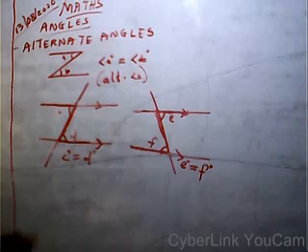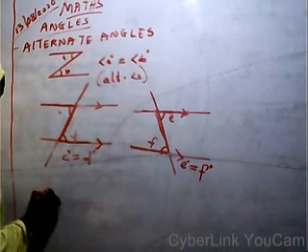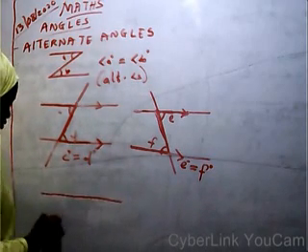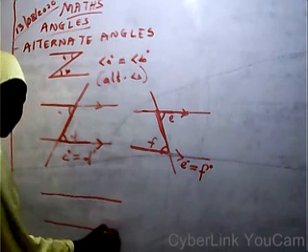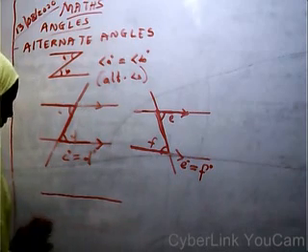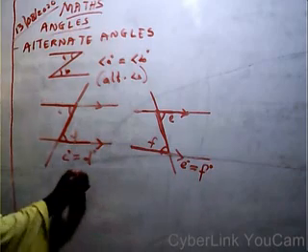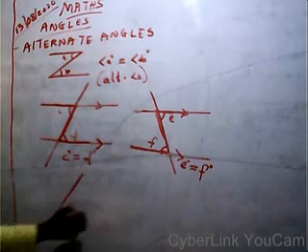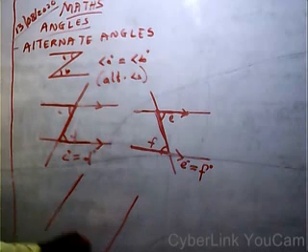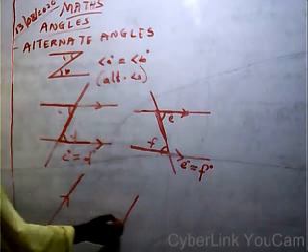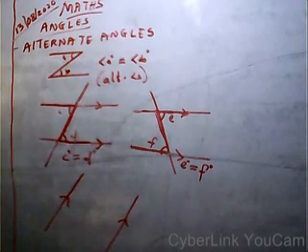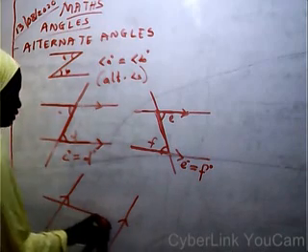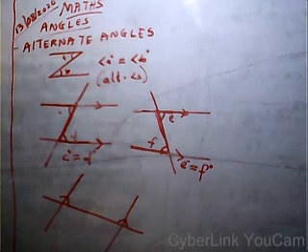Okay, I also have one diagram too. Let me give you another diagram. This is another one. These two parallel lines are going like this, and you have your transversal line here. How do we locate your alternate angle?